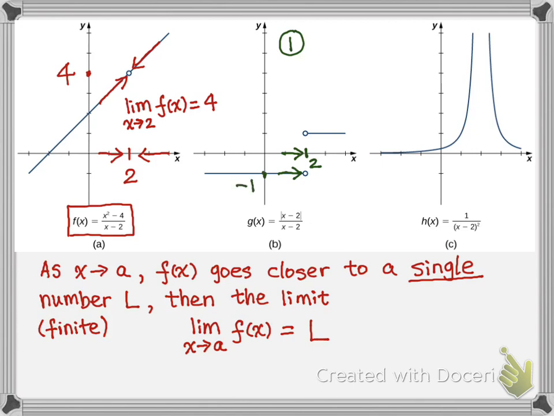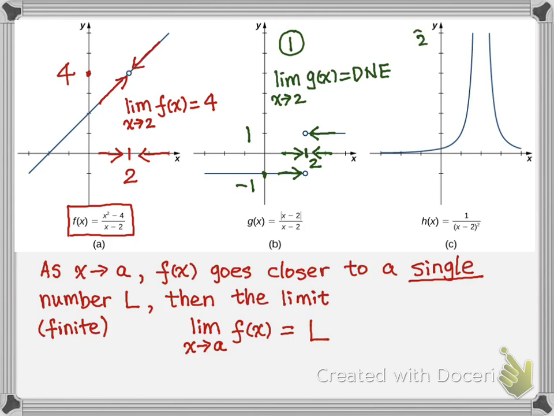And if you're going from the right, the y is approaching the number 1. So -1 and 1 is not a single number. So we can say the limit as x approaches the number 2, g of x does not exist.